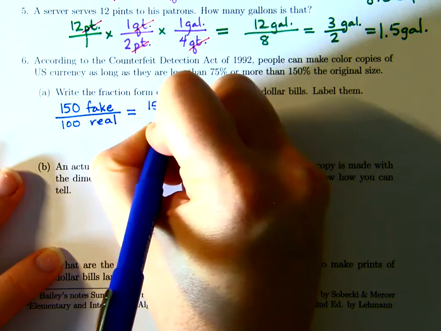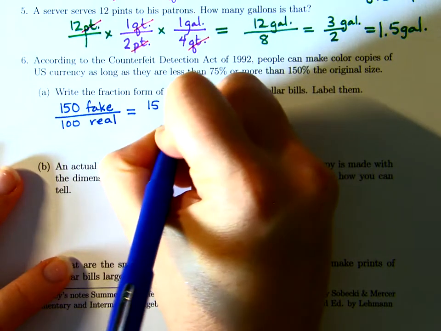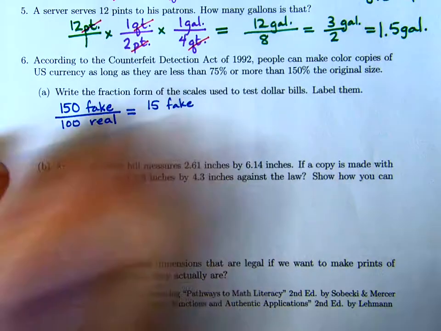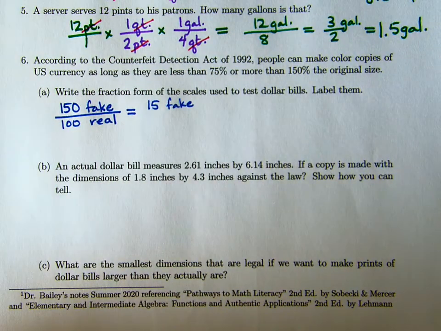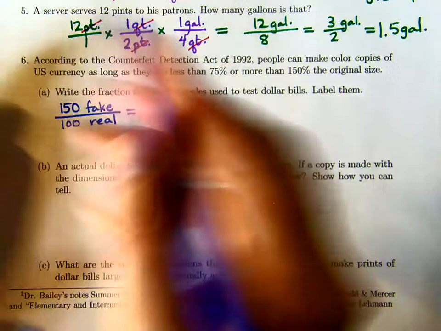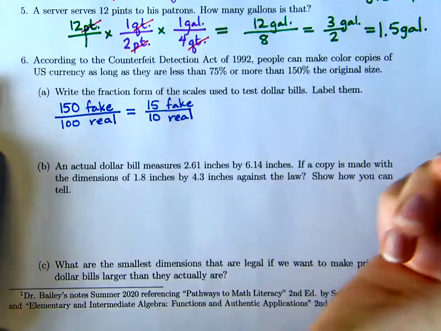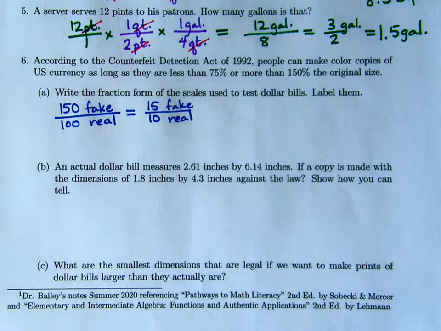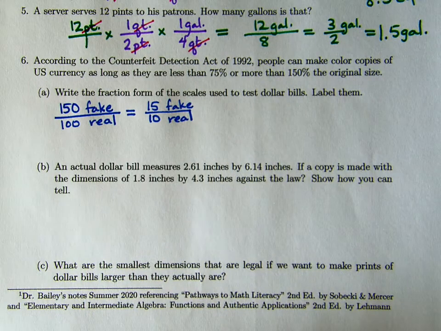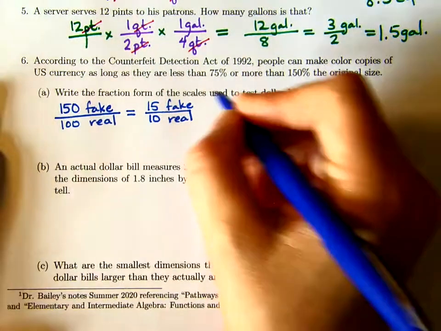Maybe we could write, I'm scaling this down by 10. For every 10 real whatever, whether it's inches or centimeters, for every 10 real inches, make sure there are 15 fake inches. I can scale that down again.